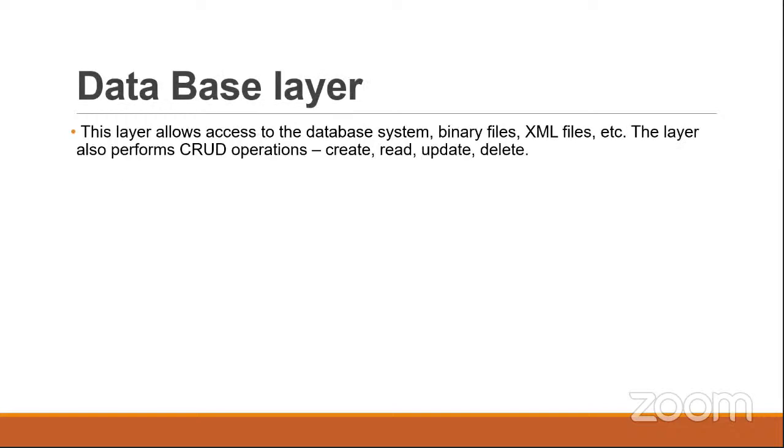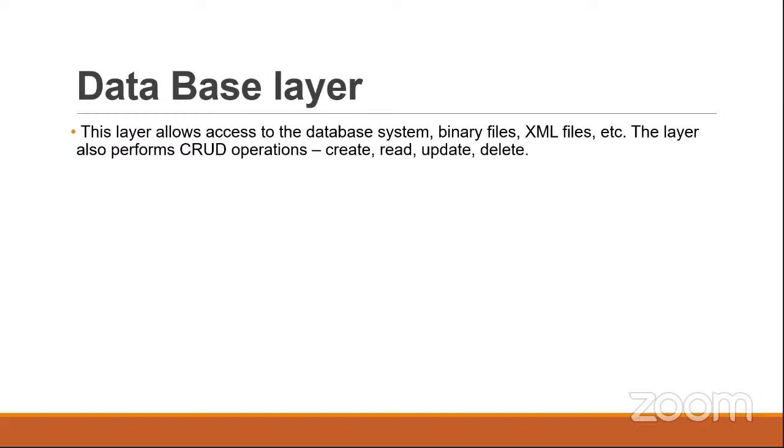And we have one more layer, that's the database layer. Nowadays, database layers are very important for securing data, right? Along with the database layers, there should be validations. There are many more things, right? Here it says that this layer allows access to the database system.